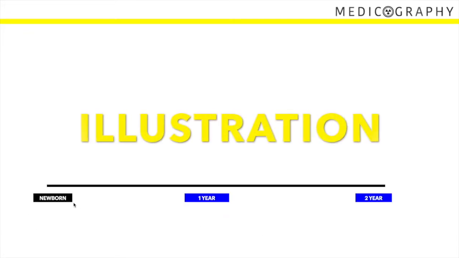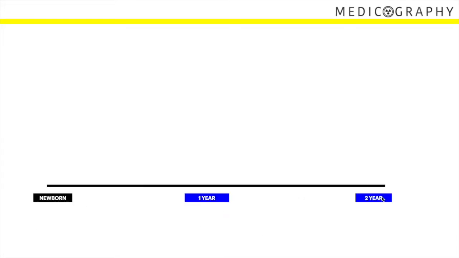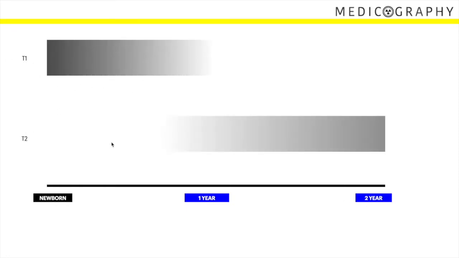This is a timeline from newborn, 1 year and 2 years. And this is the 50 shades of gray on T1 and this one is for the T2. At newborn, looking at the white matter, the color on T1 is grayer, while on T2 is whiter.